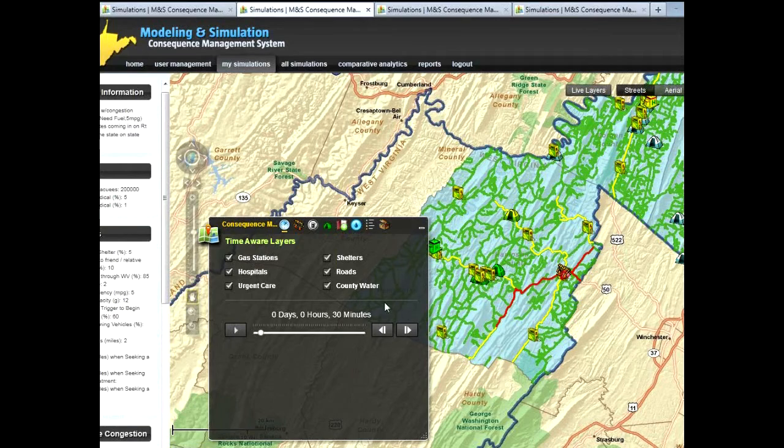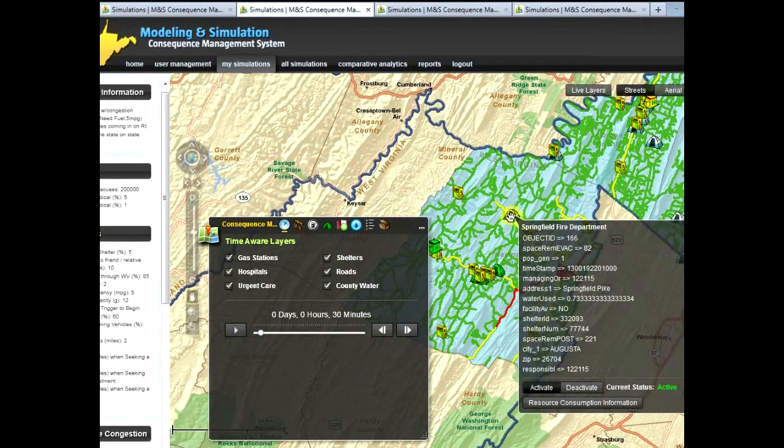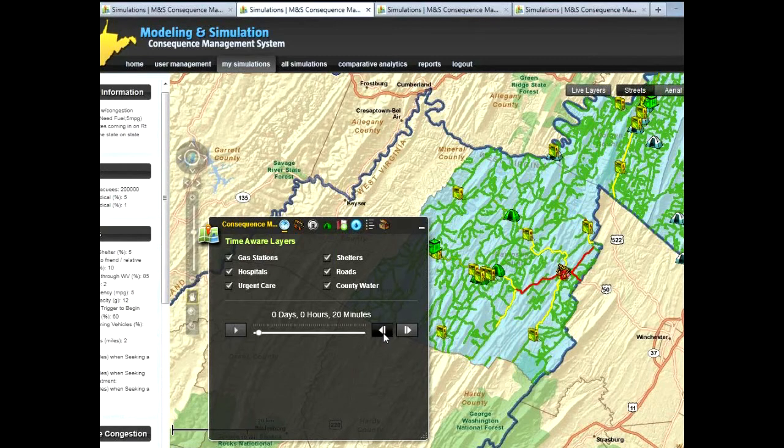We see that this shelter just changed colors. Let's go back one. So this shelter here, we'll highlight. Watch that. 20 minutes into it, it's green. 30 minutes into it, it's changed color.